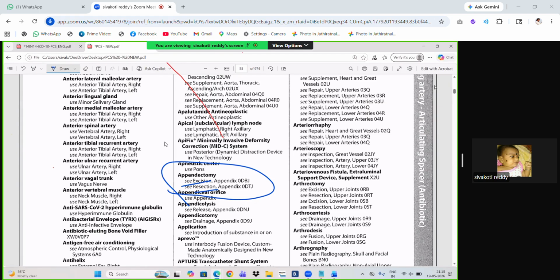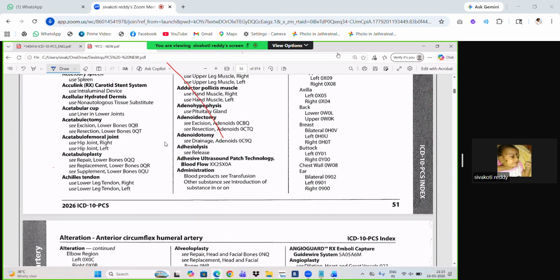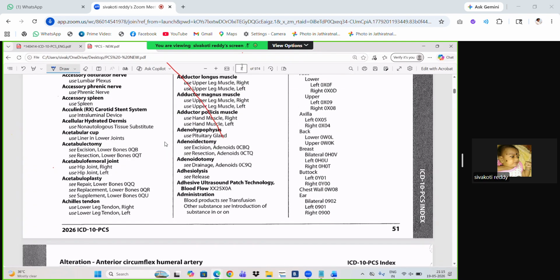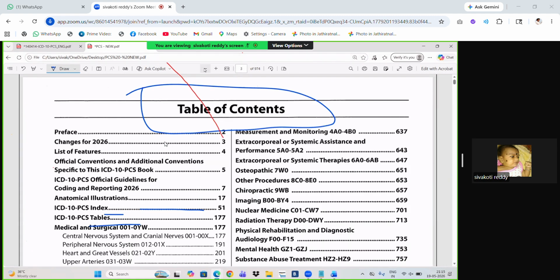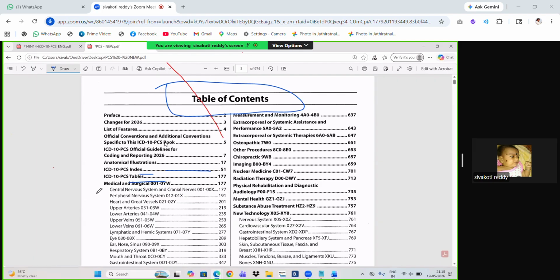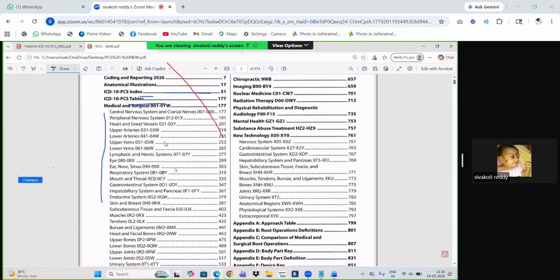Like this. Now, table usage: how to identify the remaining characters. Here we are getting all the tables below the medical and surgical section. For each code range, they clearly give the starting page. So 0DTJ, under 0D, in this page range you will get it. 0DTJ means 0D1 to 0DY between. 0B means 0B1 to 0BY.